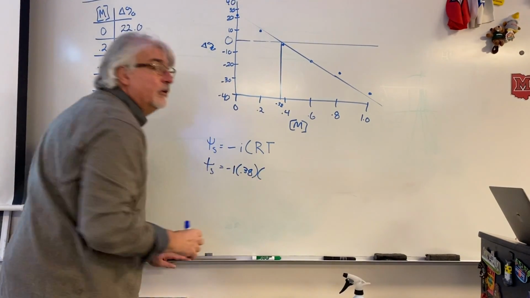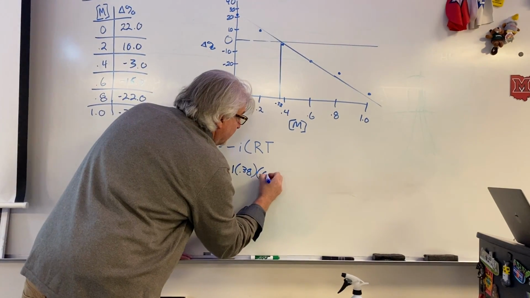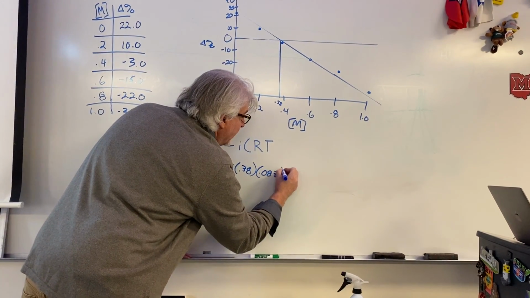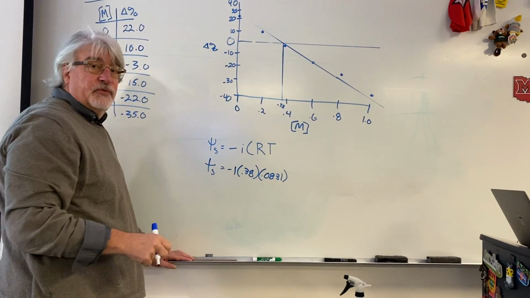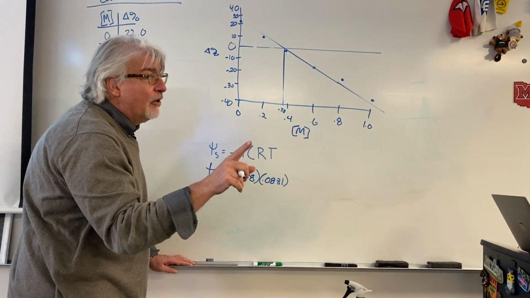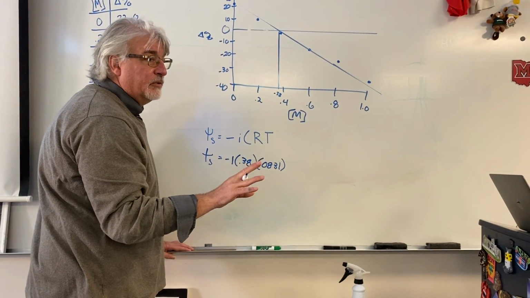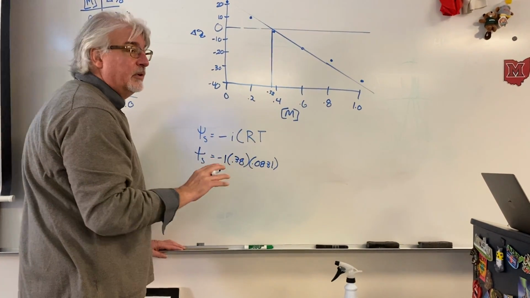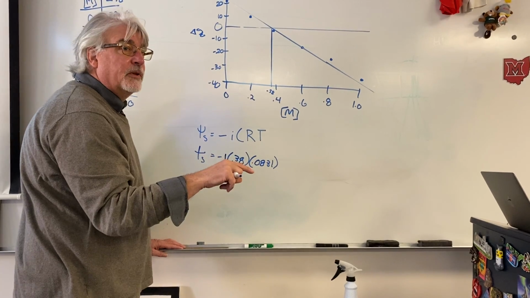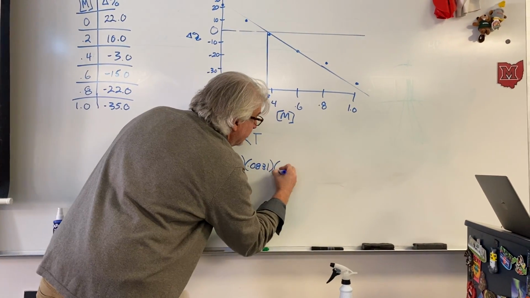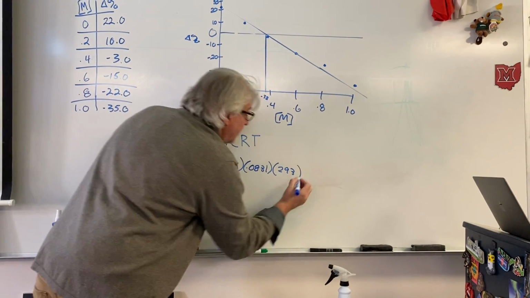R is a pressure constant, 0.0831. T is the temperature in Kelvin. Most labs are going to be around 70, 72 degrees, which is approximately 20 degrees centigrade plus 273 Kelvin is 293.